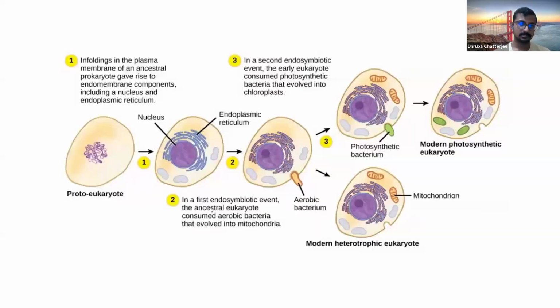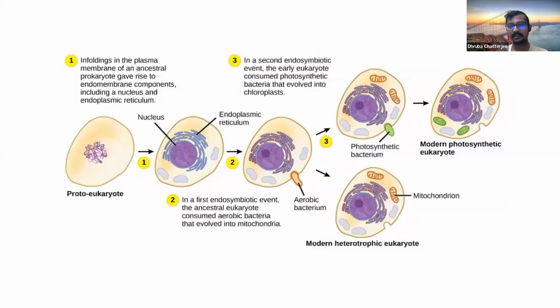So this brings us to a very interesting theory, which is called the endosymbiotic theory. According to it, the mitochondria, present in both plant and animal cells, and the chloroplast, present in plant cells, are very reminiscent of bacterial cells.